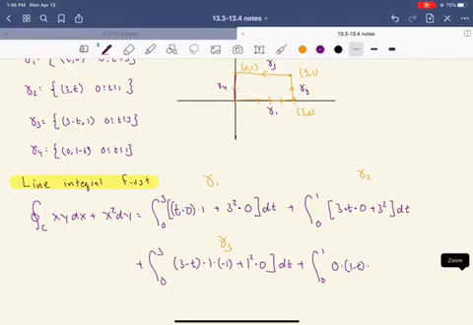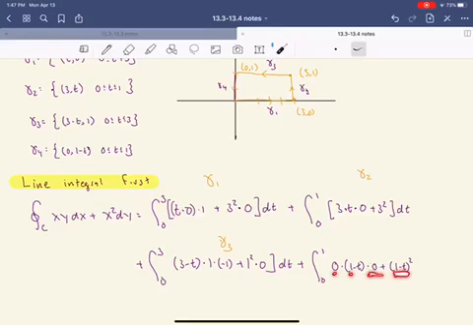You, of course, don't have to put all this stuff in your answers. I'm just writing it because I want to make sure I'm clear about what's going on. This is x times y dx dt.